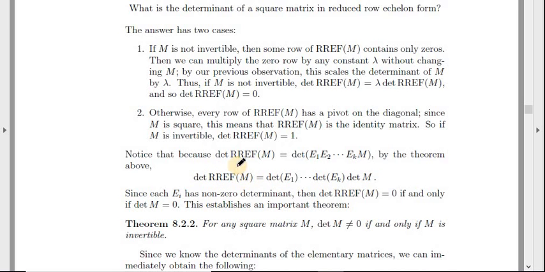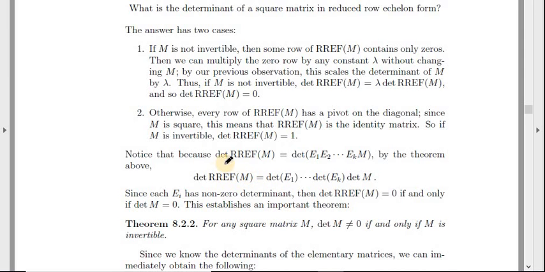Now, in what case is the determinant here equal to 0? Well, remember, if M is non-singular, then it row reduces to the identity. So in that case, certainly the determinant is not 0. If M is singular, then in fact there is some non-pivot column. If there's a non-pivot column, that means there must be a zero row.